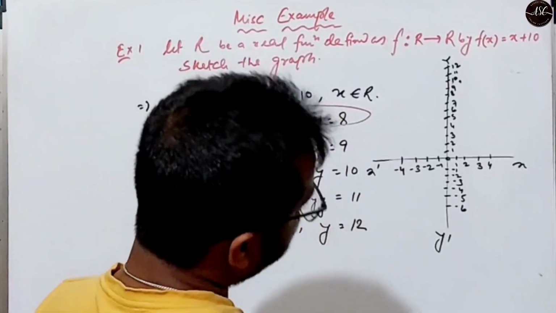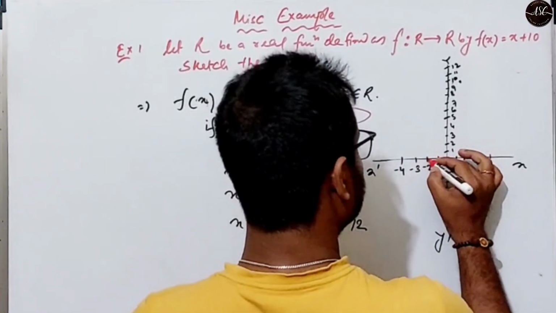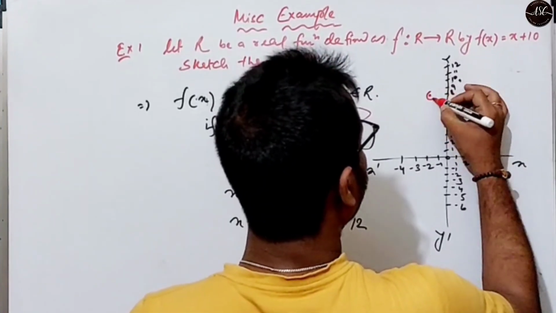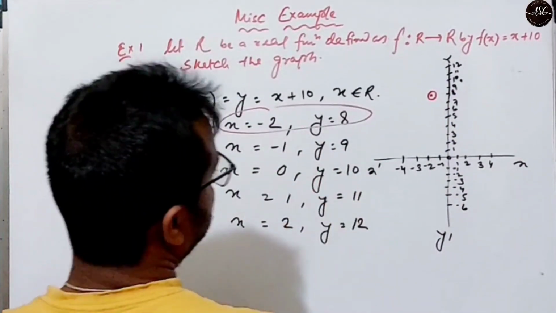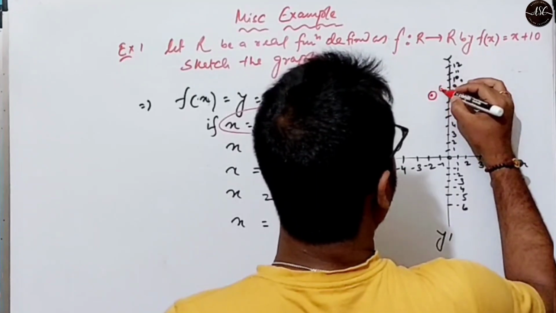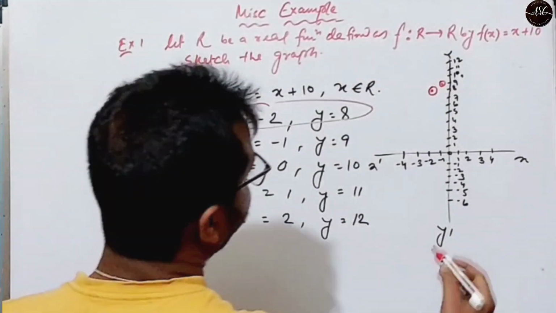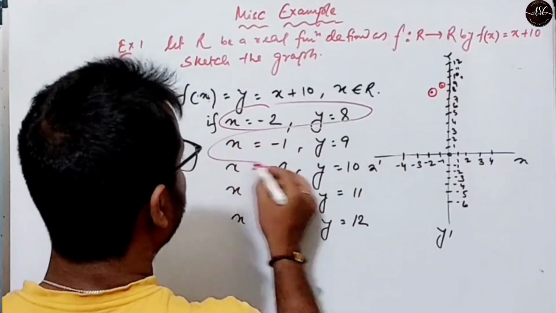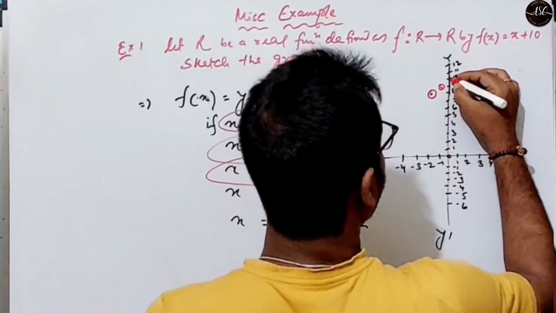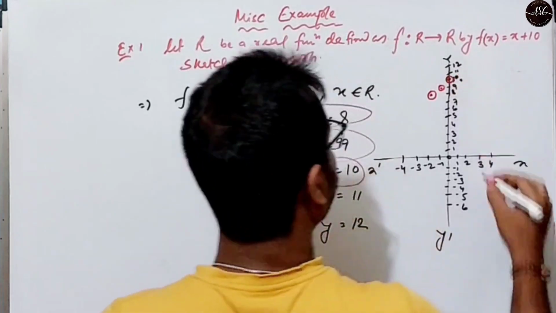x equal to minus 2, y equal to 8. So this is minus 2 and y equal to 8, that means the point will be here. Then minus 1, 9, so this will be here. Now x equal to 0, y equal to 10, so up to here.